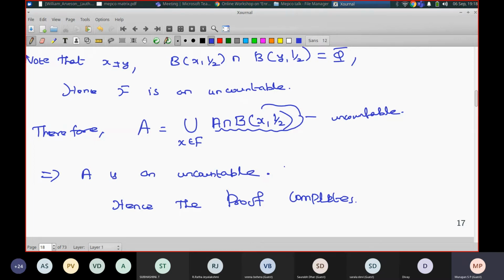Therefore A is an uncountable set, but this is a contradiction. We have assumed A is a countable set. Therefore our proof is over.